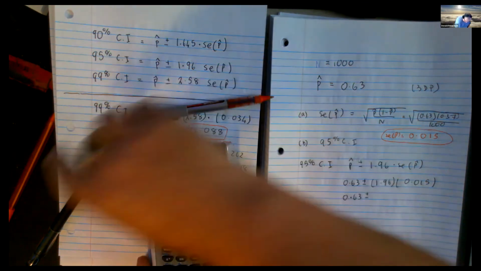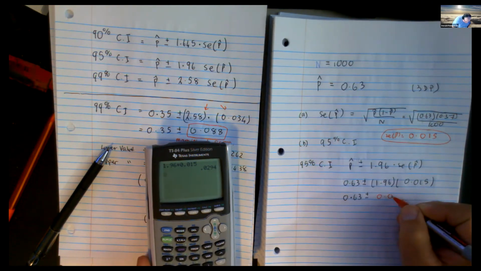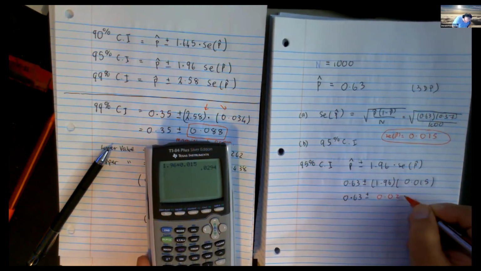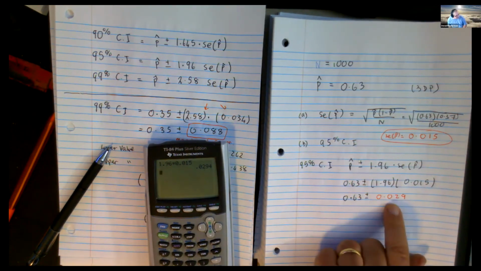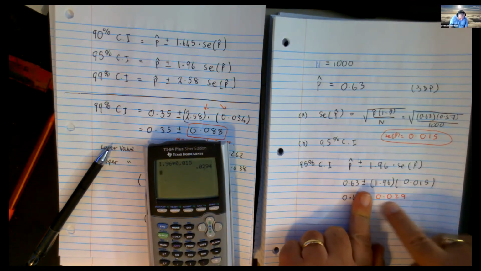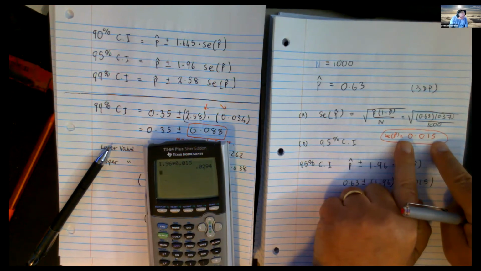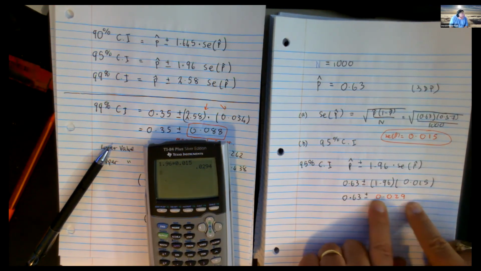And the answer I get is 0.029. Now, they didn't ask it in this question, but can you imagine in another homework question, they might have asked, what's the margin of error? And that's the guy you're going to write down, right? They didn't ask this time, but margin of error.